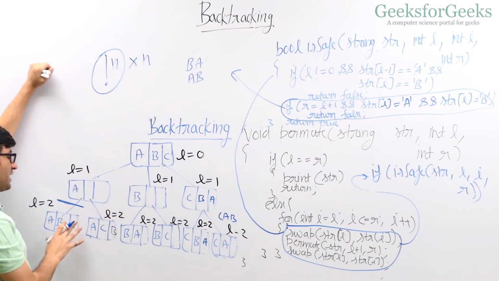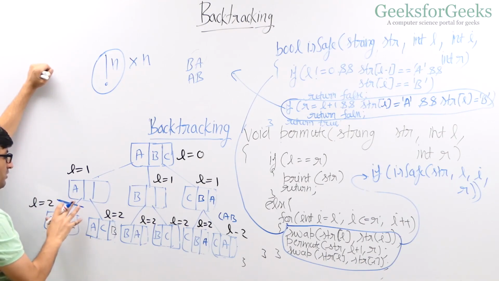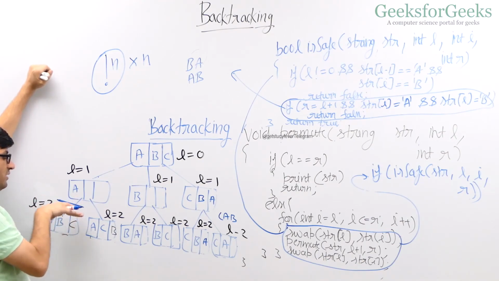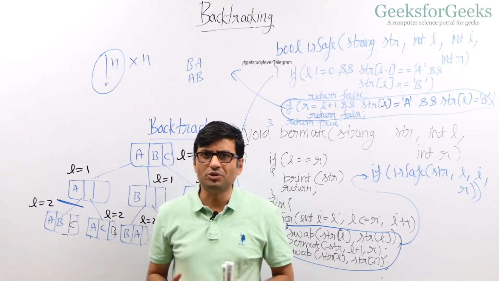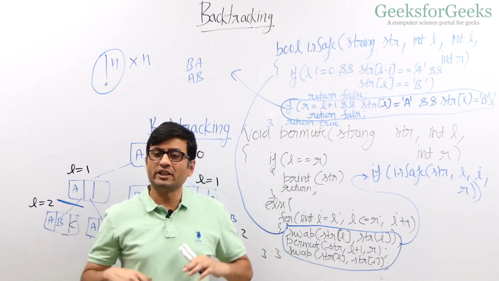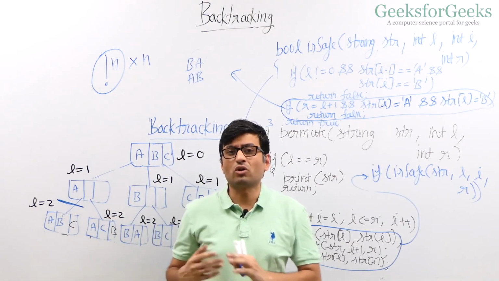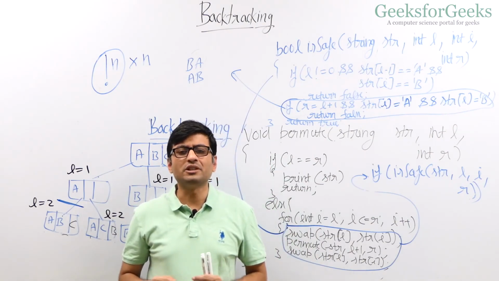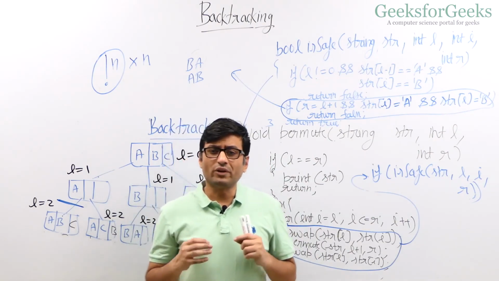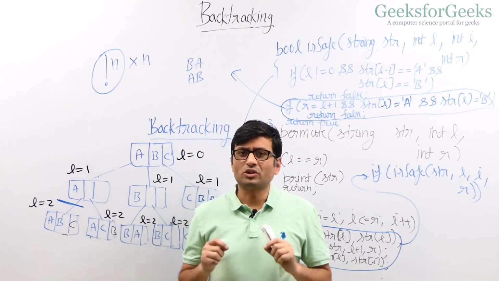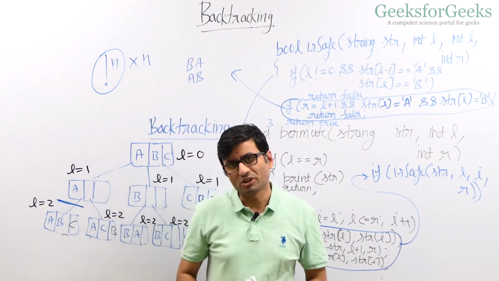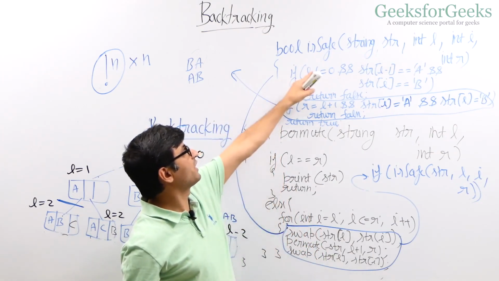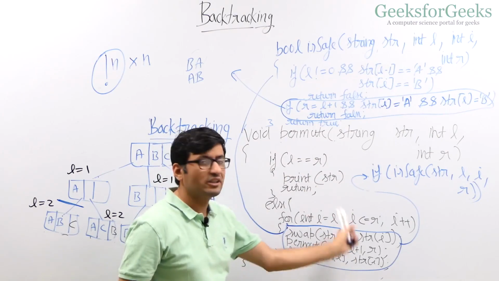Because in backtracking, you are not proceeding further if your current solution does not lead to a valid permutation. So whenever you see a problem where you have a solution that generates all possible permutations or combinations and then checks whichever of these is valid, you can always optimize the solution by using backtracking. What you do is you cut down some recursive calls by putting an isSafe function before proceeding further in the recursive calls.